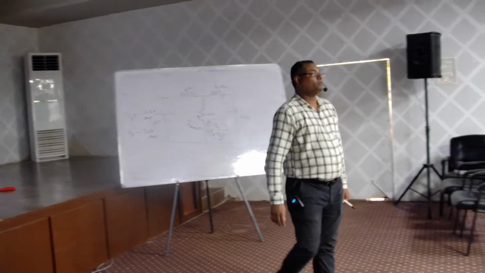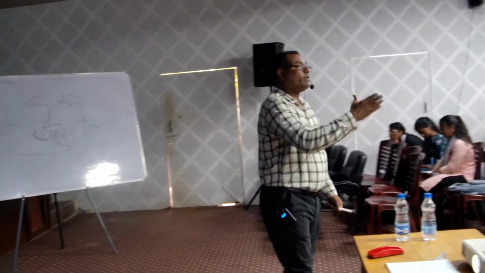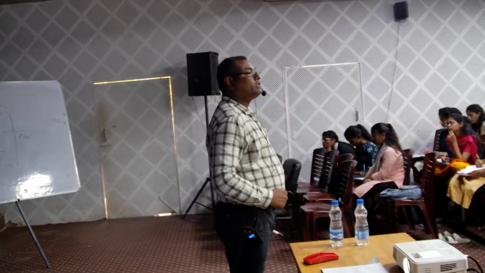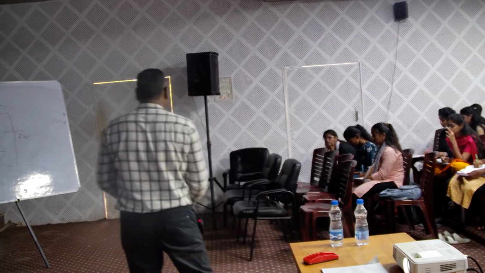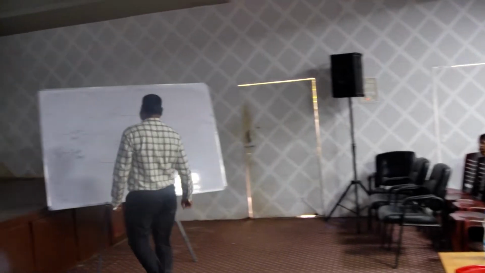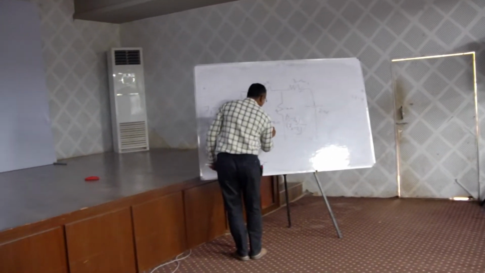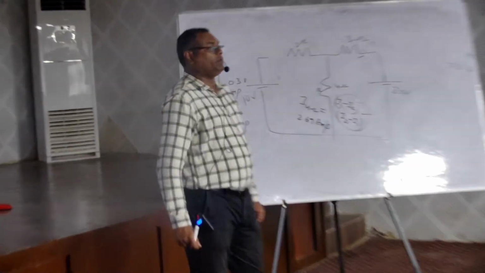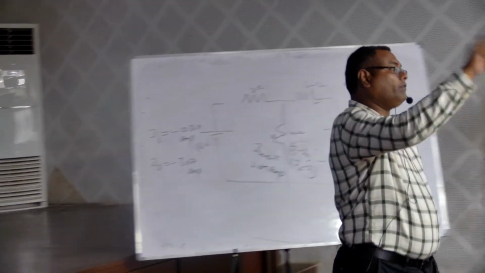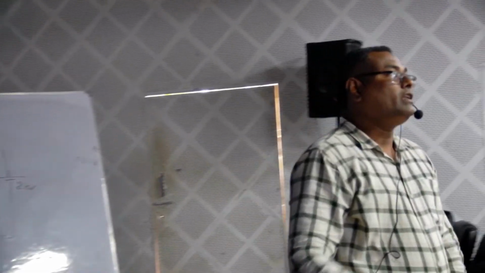I4 ohms. What is the current through 4 ohms? I1 minus I2, the new name I4 ohms. What is the answer? How much you got? 2.69 amperes. We got 2.69 amperes if we have taken I1 minus I2.